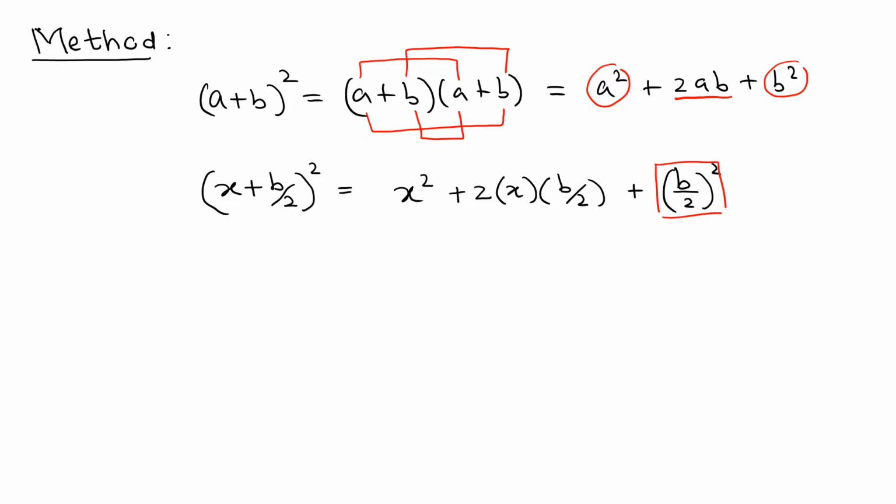So let's see what's going to happen when you do problems. But what is interesting is when you simplify the middle term, you can see the 2 and 2 get cancelled. So you simply end up getting x squared plus xb. So x times b, and then the last one we have b over 2 squared. I'm going to leave it like that.